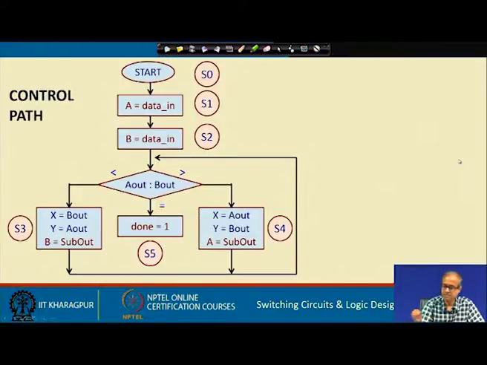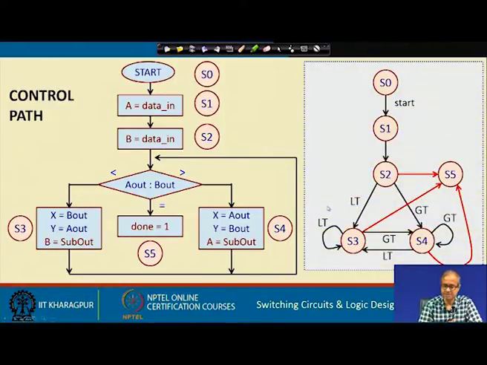So, the flow chart for the control path is again shown here. Same flow chart in a slightly different way in terms of the operation with respect to the data path I have shown. Here you can see there are 6 states. So, I would recommend you just compare this with respect to the data path and verify whether these operations are being carried out in a correct sequence or not.